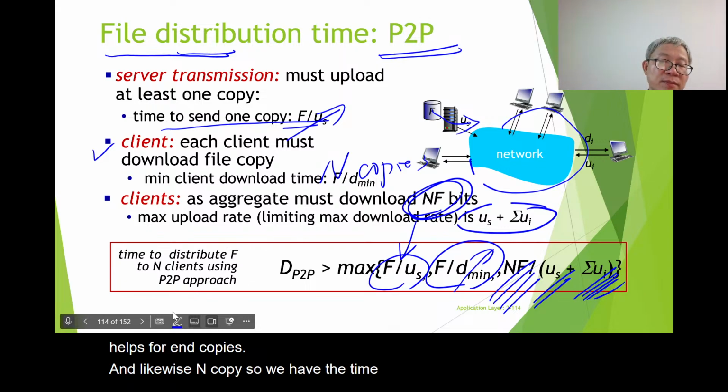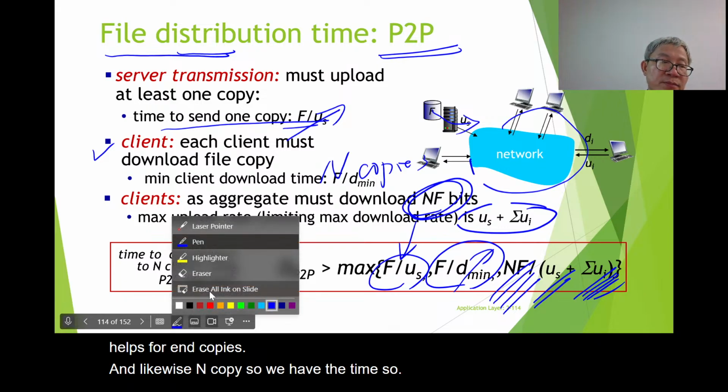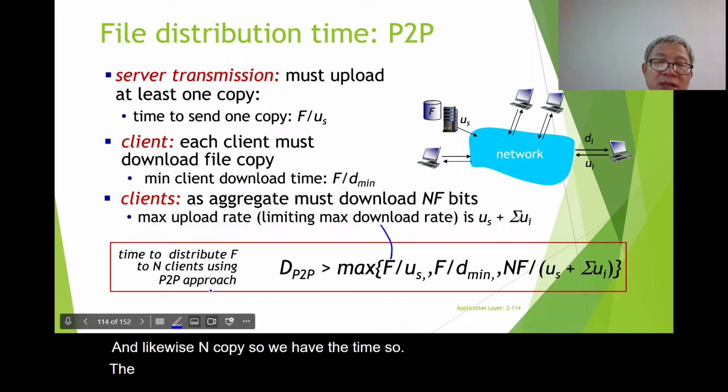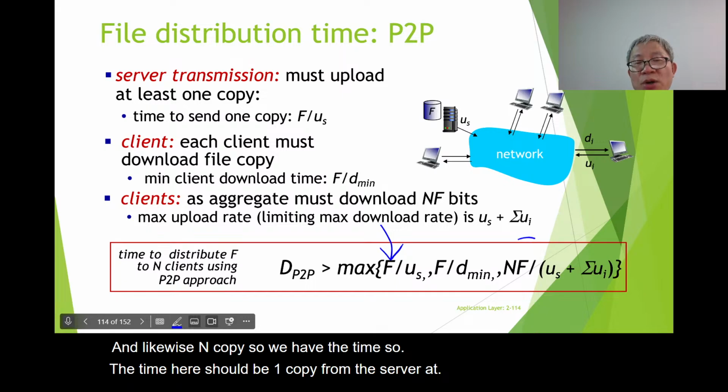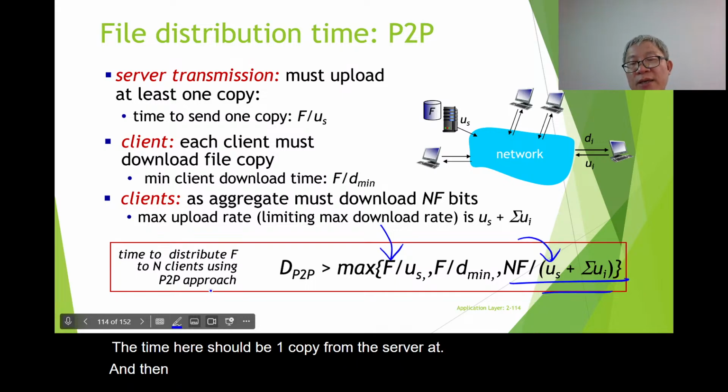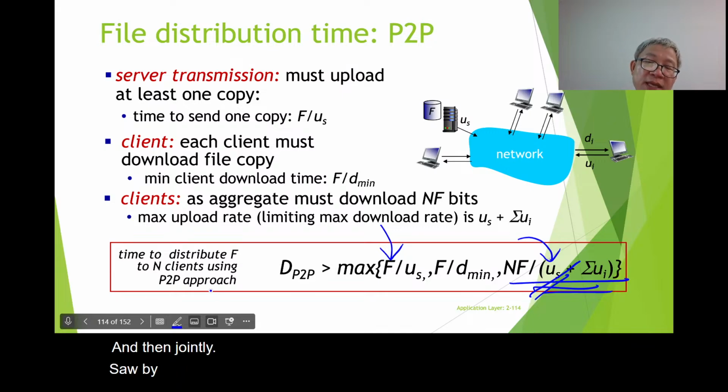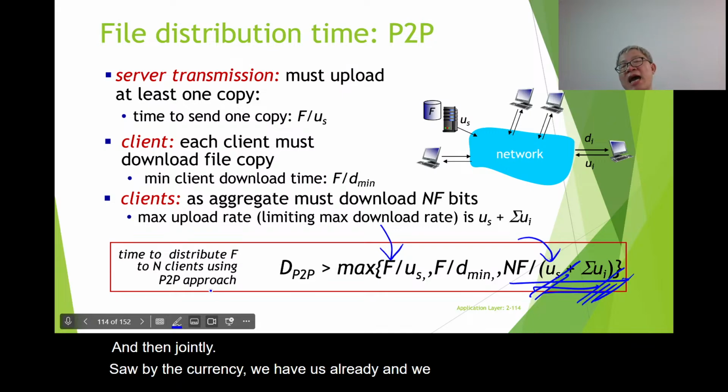So the time here should be one copy from the server, and then the rest is jointly served, since we have a server already, and we have the other uploading capacity from the other peers.